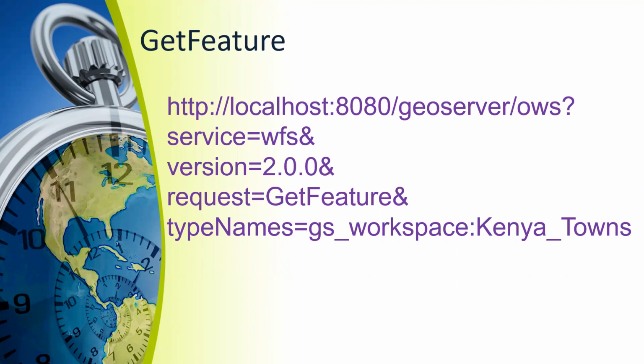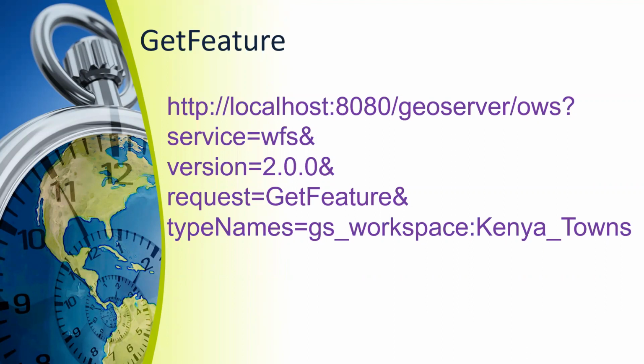No. Get capabilities is for all the operations, all the outputs and all that. It is get map. Okay. So whenever you get an output of a PNG, a TIFF, a JPEG, at the back of your mind, you should know that this is a get map request.